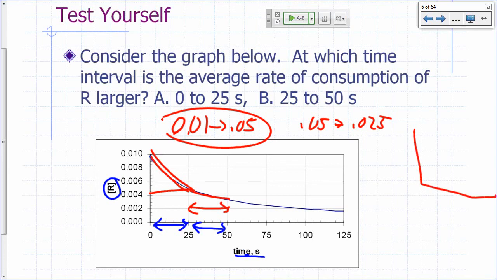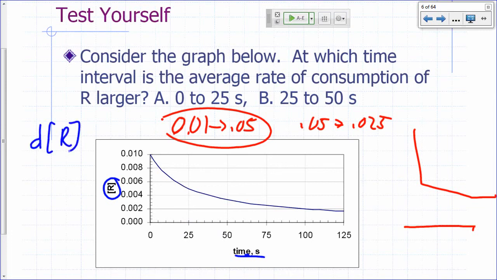If it's flat, what does it mean? Rate is 0, right? The change in concentration is 0. So the numerator is 0. So that's how you'd interpret a curve like this. Now, what we call dR dt, the derivative of the concentration of R with respect to time, would be the slope of the line that's tangent to your curve at any given point. That would be your instantaneous rate.